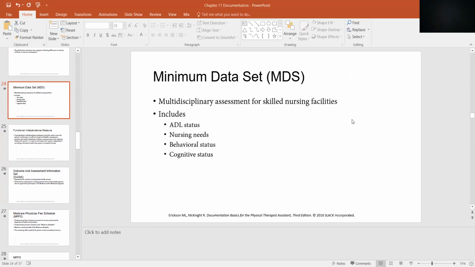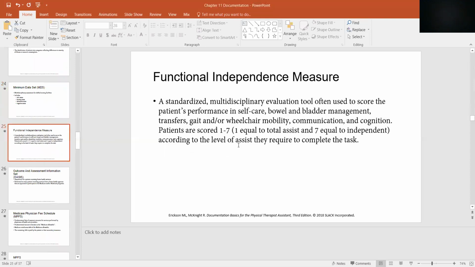You have an MDS coordinator, and she gathers all that information, but we do contribute to it by helping them know what their ADL status is, nursing needs, that's how nursing contributes to it, their behavioral status, and their cognitive status. One of the things about those MDS coordinators is that they are going to be very well versed in completing the MDS, and they're going to find ways to maximize reimbursement.